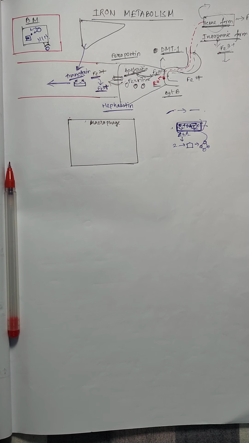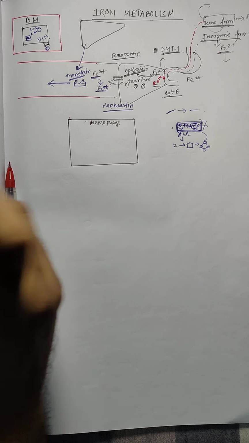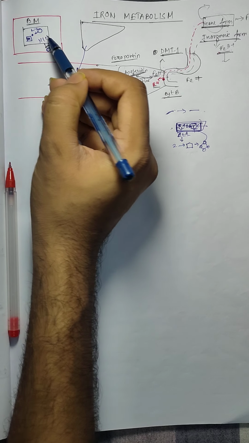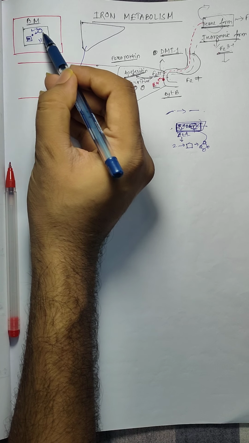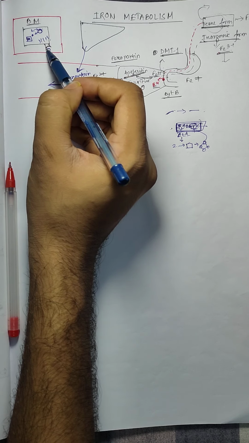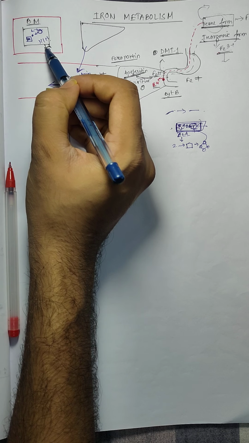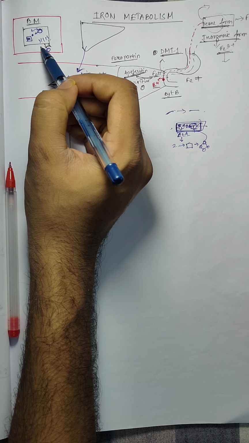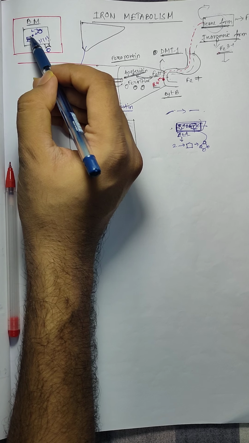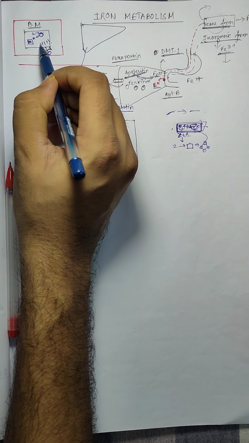Now, this transferrin and the transferrin receptor, which was previously endocytosed here, after delivering the iron, they are thrown out to the blood.